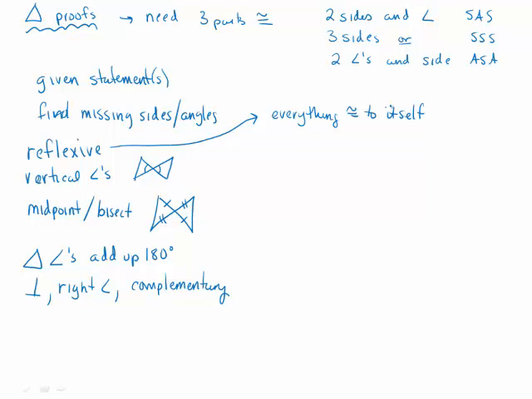So if they're sharing a side, sharing an angle, this is what you'll use. Vertical angles, again, if you make an X, the angles across from each other are congruent. Midpoint and bisect, cuts in half. Okay, so the equal halves.